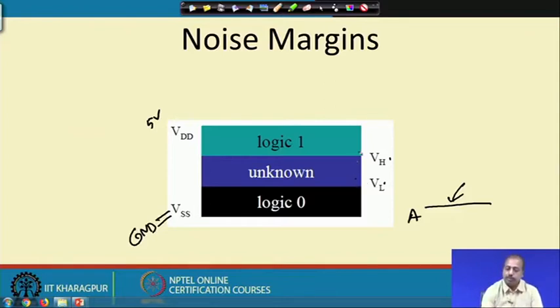Similarly, if a signal is at VH and due to noise it decreases further, and crosses this barrier and comes to the VL region, then it will be misinterpreted as a low. So this margin is kept so that noise cannot take a VH value down to VL or a VL value up to VH. That way it helps us in understanding the logic level.